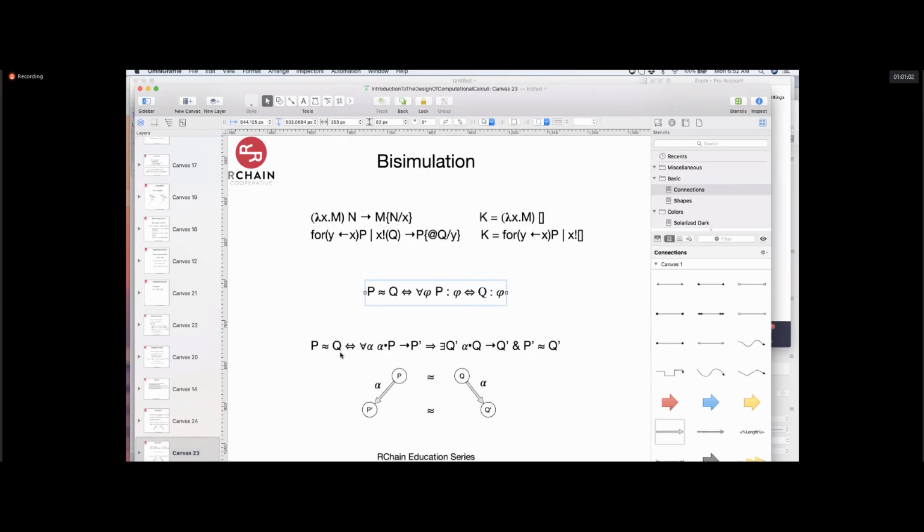So bisimulation sits at the heart of all notions of equivalence in the process setting, and we can auto-derive it. We can auto-derive a proper notion of bisimulation for all rewrite systems that satisfy a minimal set of properties using this idea of context. And then bisimulation is correlated to our notion of formula or type in this way.